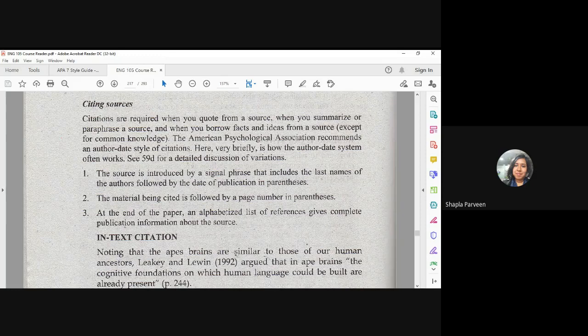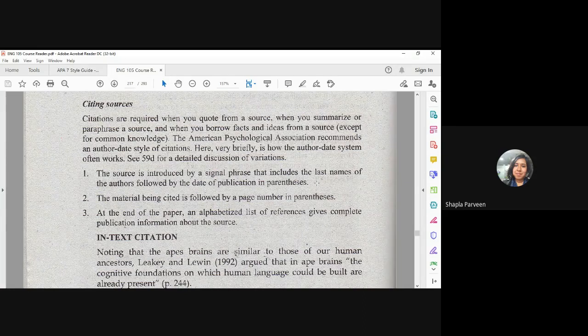The other one is that the material being cited is followed by a page number in parentheses. After you have paraphrased, summarized, or quoted, at the end in brackets, you also have to provide the page number. If you are quoting something, the page number is a must. If you paraphrase, then the page number is also a must.